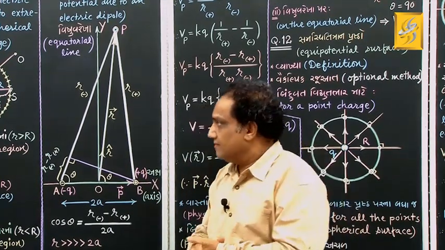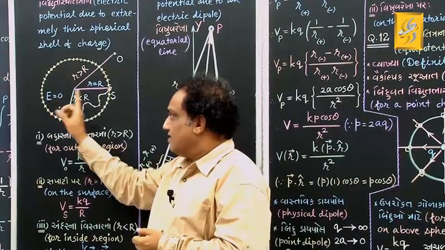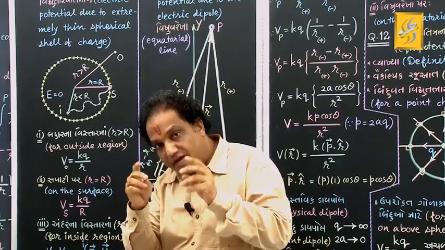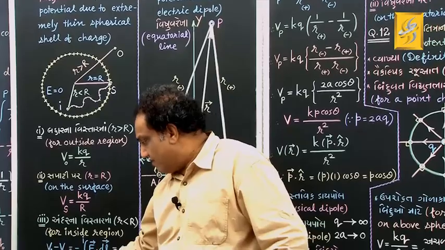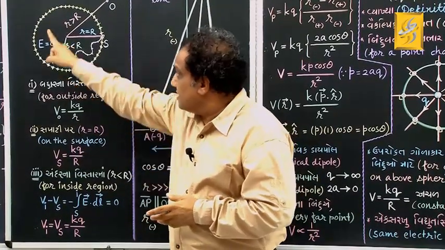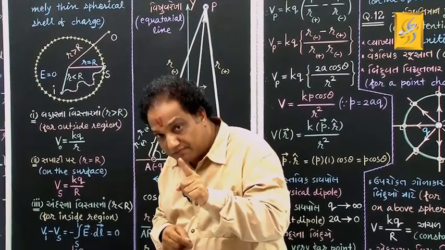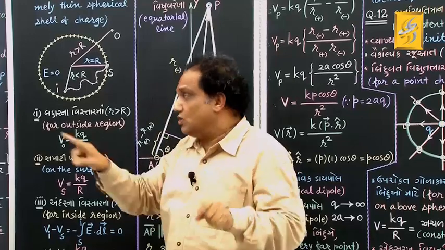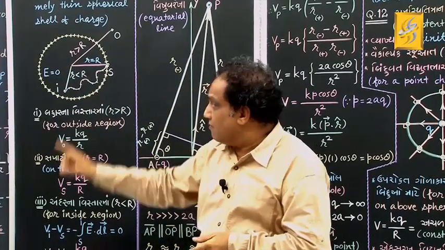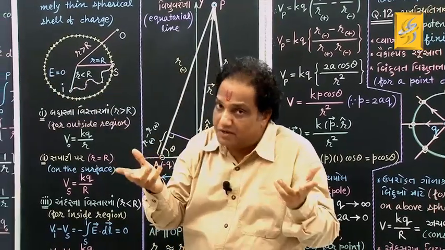And reverse, here inside this spherical shell, electric field was 0. But at all inside points there were some electric potential values. Here inside the spherical shell, electric field is 0, but electric potential is not 0 at an inside point. So when potential is there, electric field may be, may not be.